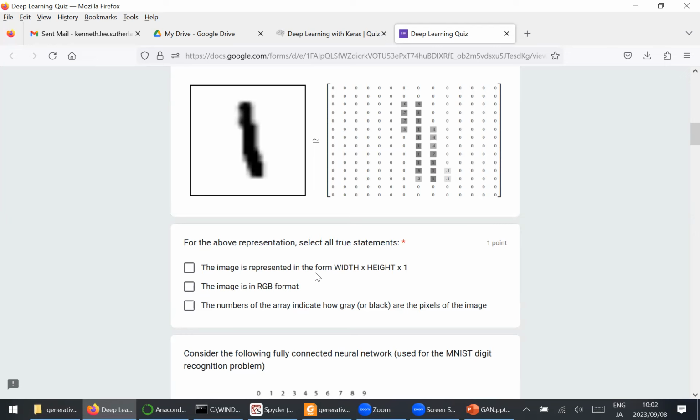The image is represented in the form of width times height times 1. Yeah, okay. It's not RGB. Kind of hard to see here. I want to control plus.